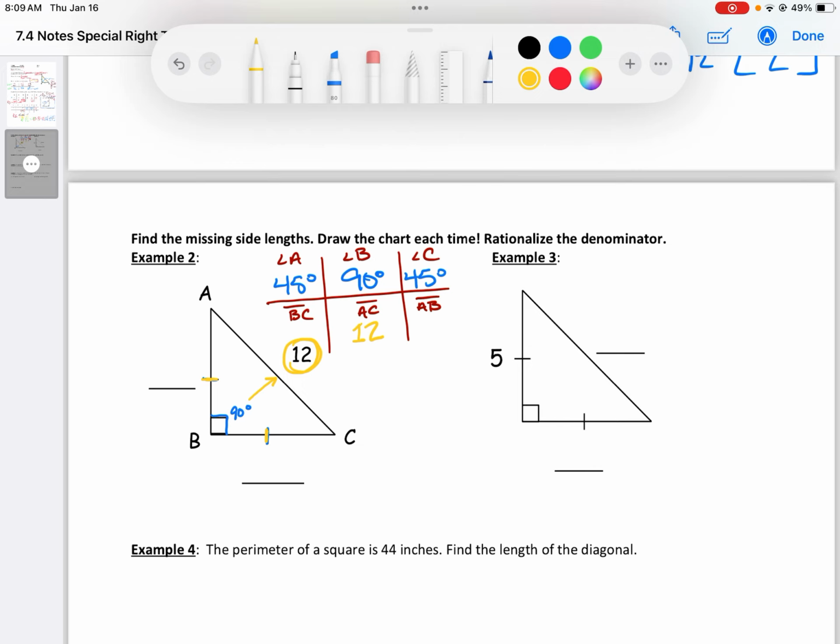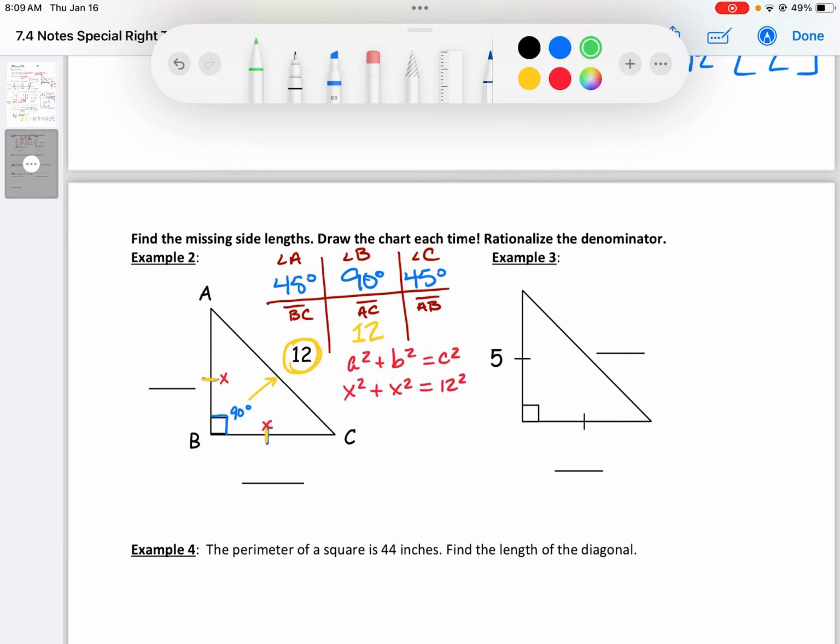Just for the sake of using a variable, let's say they're both x. So if I was plugging this into the Pythagorean theorem, x squared plus x squared equals 12 squared.